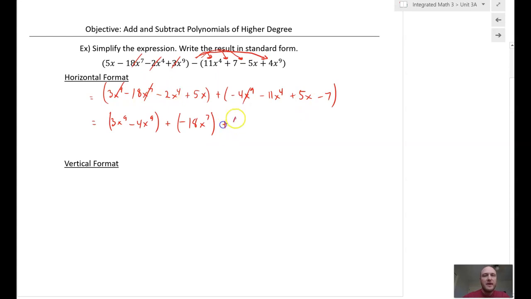Then I have a negative 2x to the fourth, minus 11x to the fourth, and then plus 5x, plus 5x, and a negative 7, so I'll keep the format consistent.